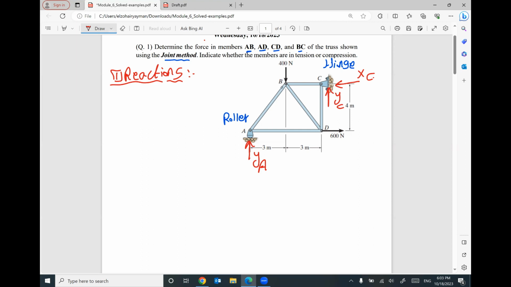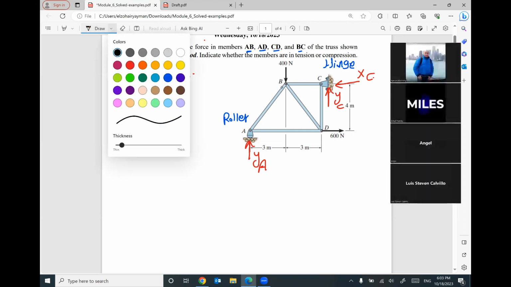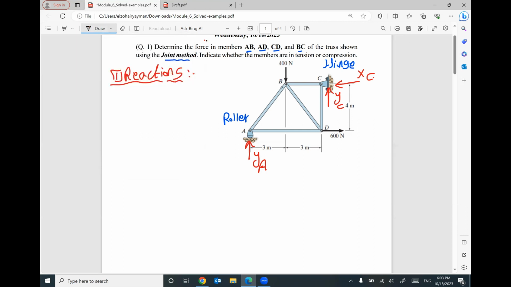To figure out your reactions, we have three equilibrium equations. Summation of all forces in X equals 0. Summation of all forces in Y equals 0. Summation of moment at any point equals 0.